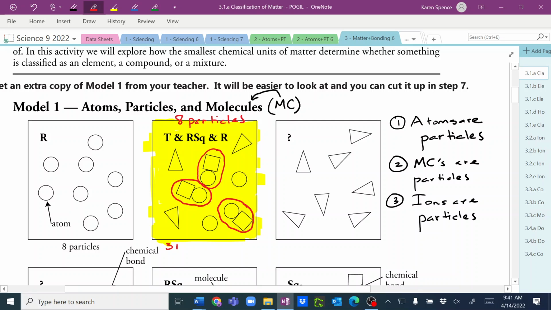So we have 3 molecules, and we have 5 atoms. Now, sorry, 5 atoms. 1, 2, 3, 4, yeah, 5.